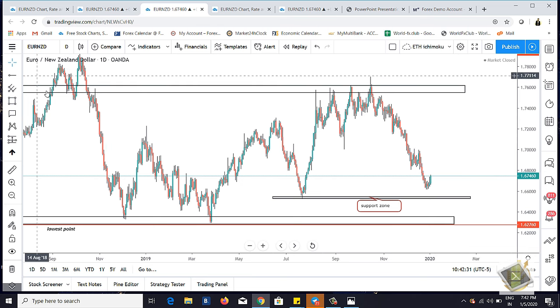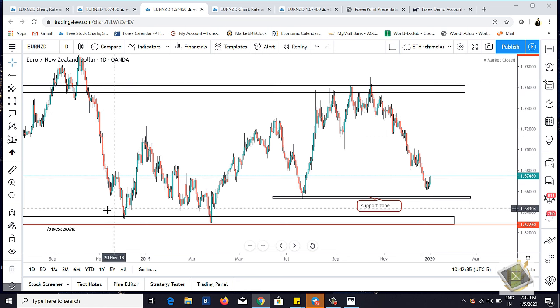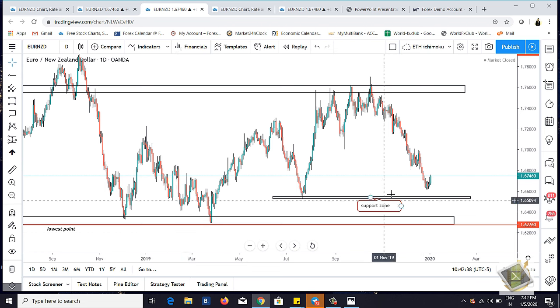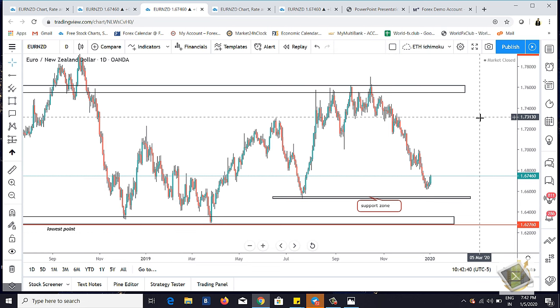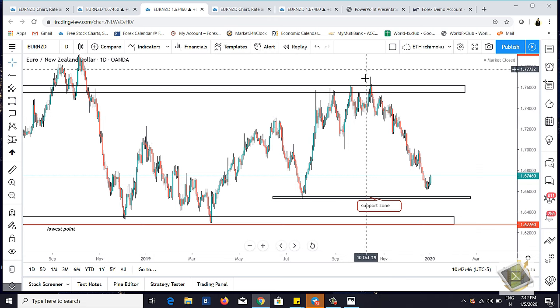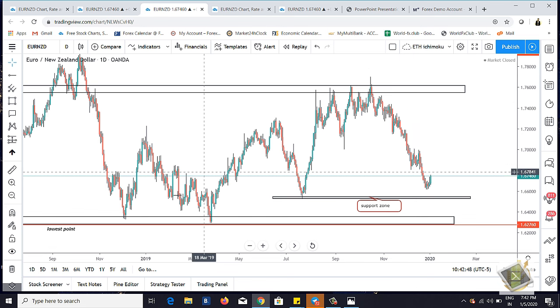Whenever price reaches this upper area, it tends to go down, and whenever price reaches this lower area, it tends to go up. That's all I can think as a beginner. I just understood that price is rejecting this level, price is rejecting this level, and it is moving in these zones.